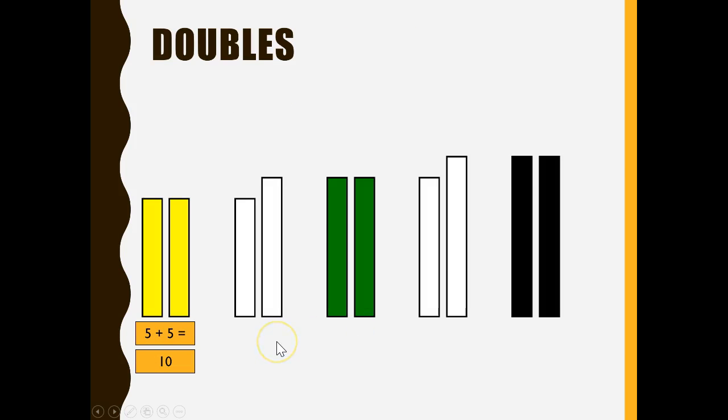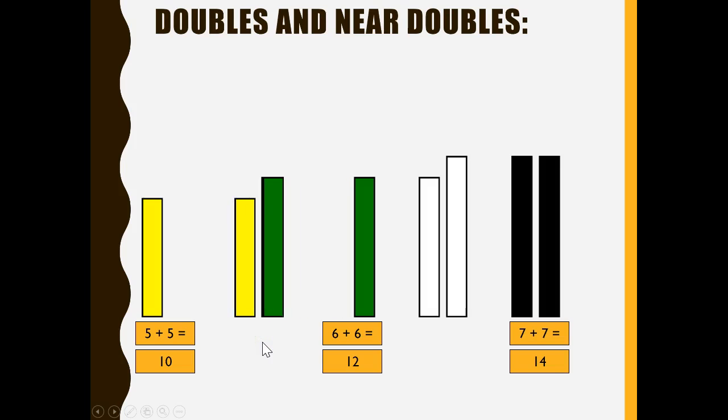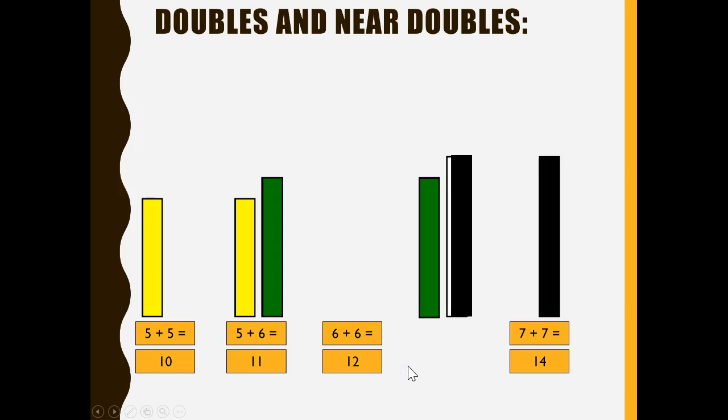The near doubles is 1 less than 6 plus 6, but yet it's 1 more than 5 plus 5. So they are near doubles, and making this one in the middle to be a yellow with a green. 5 plus 6 equals 11. So you could use Cuisenaire rods to demonstrate how these are doubles and near doubles.